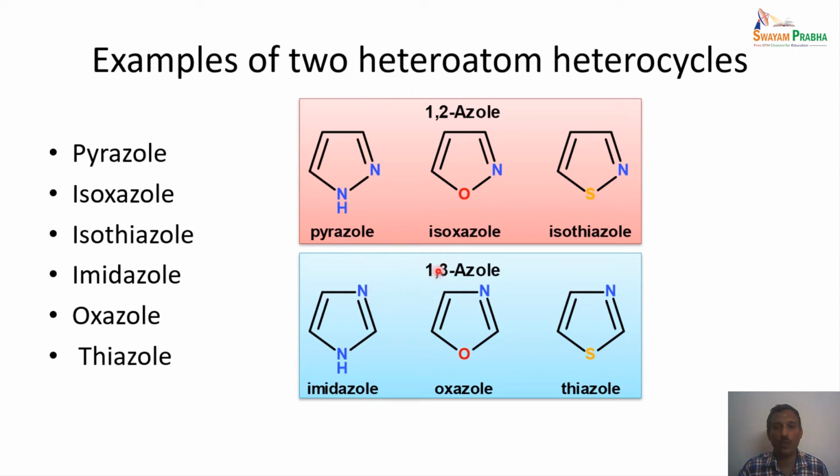So these are 1,3 azoles, that is, 1,3 substitution in the 5-membered heterocycle. So these are all the major classifications by which these 6 compounds are categorized. And in this particular session, we will be focusing on the study of pyrazole, that is, its synthesis, reactivity, and some of its biological applications.